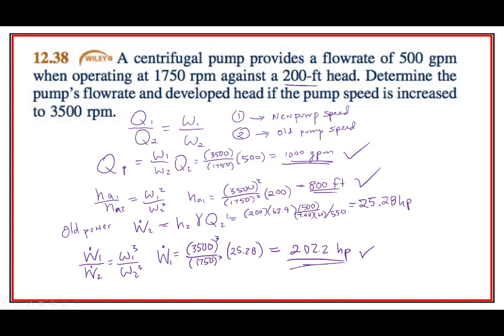And it makes sense that if this is to the 1 and this is to the 2, this would be to the 3, right? Because power is flow times head, and they're all related by the 1, 2, and then 3.